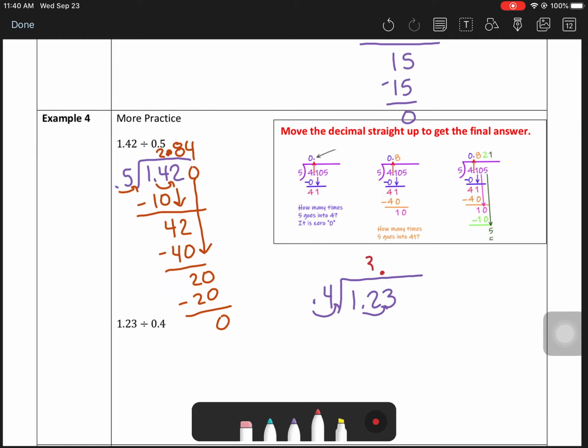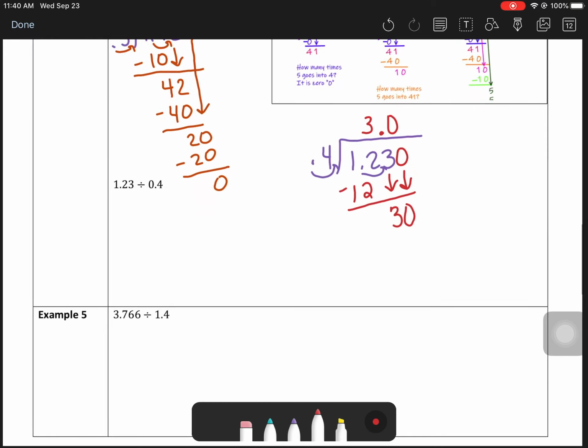Yes. 4 times 3 is 12. So I'm going to bring down the 3. Does 4 go into 3? No. And so since it's after the decimal, we have to add a 0 to hold that spot. And then we're going to add another 0 to keep dividing. Does 4 go into 30? Yes, it goes in 7 times. So 4 times 7 is 28.